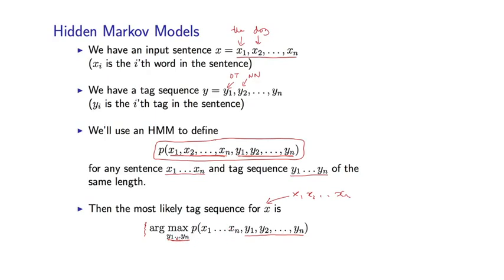So I'm basically going to have a search over all possible tag sequences for the input sentence, and find the tag sequence that maximizes this probability. Now, this in itself is an interesting problem because the number of possible tag sequences grows very quickly with n. It's exponential with n. And so brute force search over all possible tag sequences is in general not going to be possible. But we'll see there's a very nice way around that problem for the class of hidden Markov models.